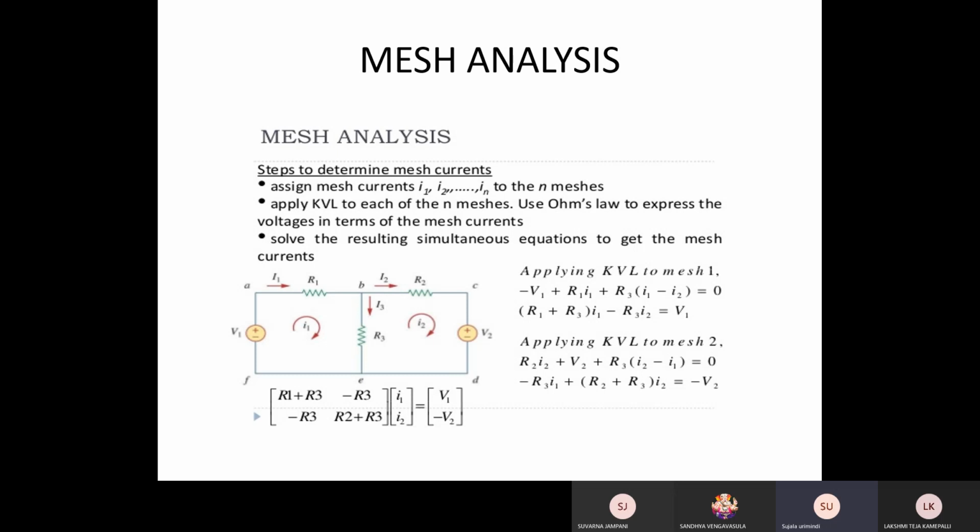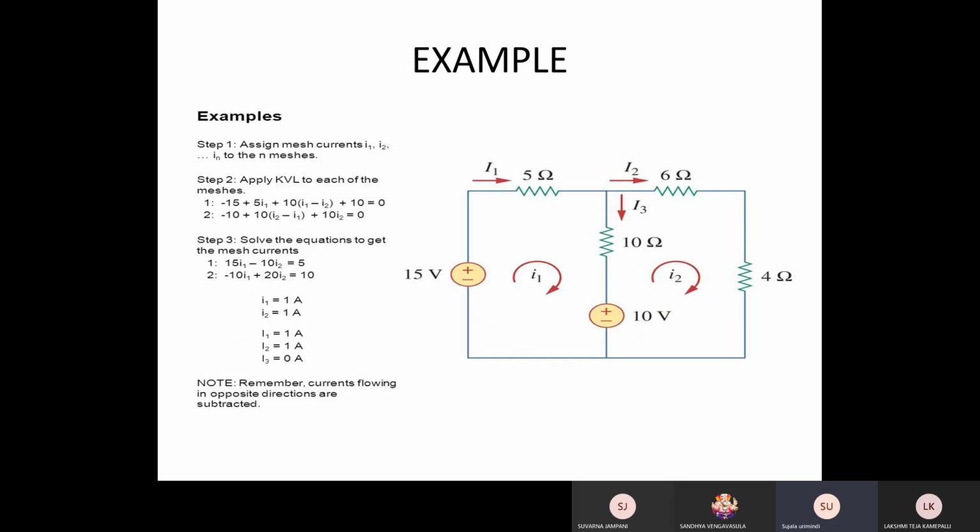Next, another example we have. When you observe here, there is a simple circuit with resistances 4, 5, 6, 4 and 10, and two voltage sources, 15 and 10 volts. So here also there are 2 loops, I1 and I2. In the first loop, the 5 ohm depends only on the first loop current.